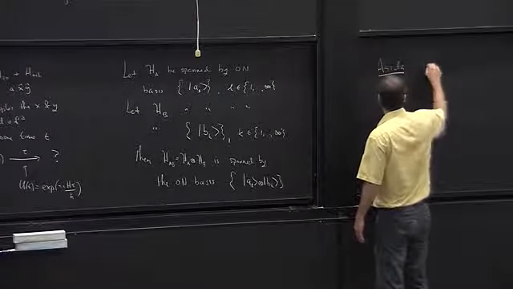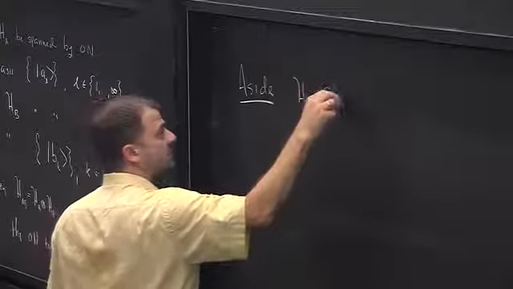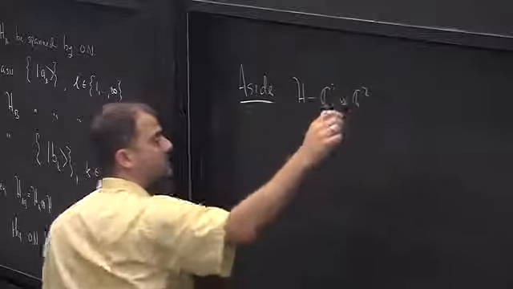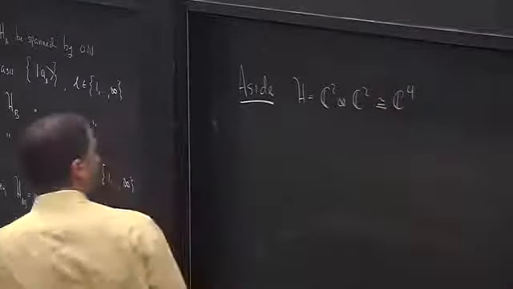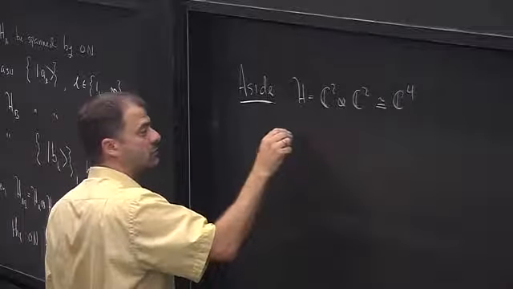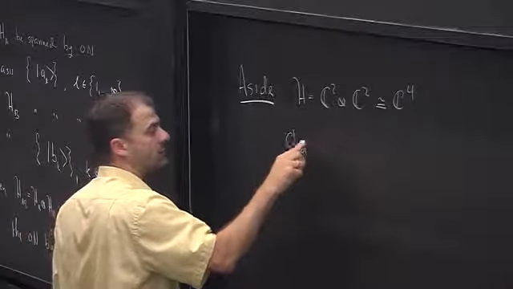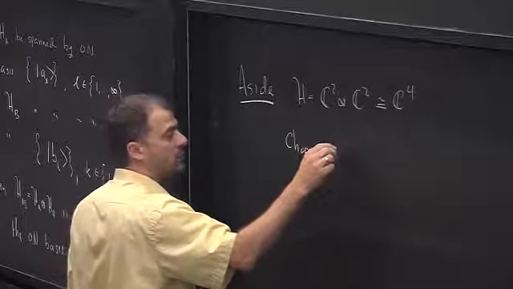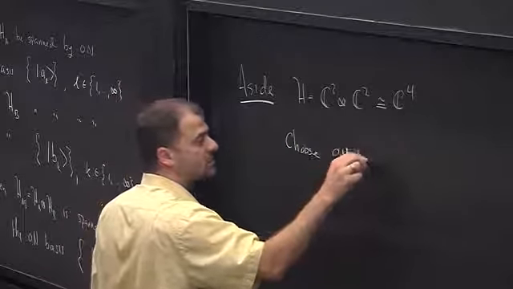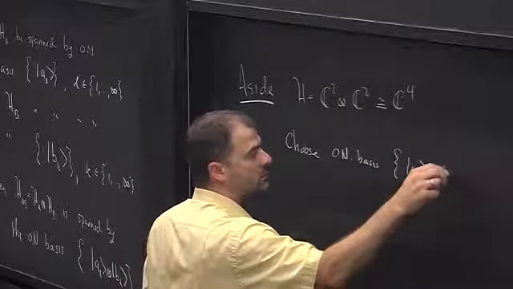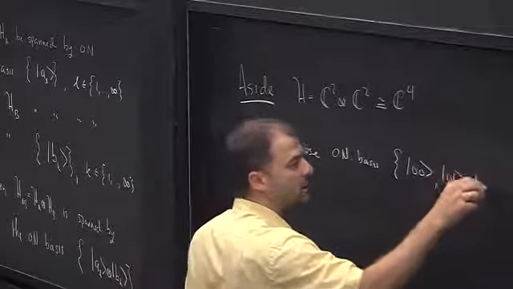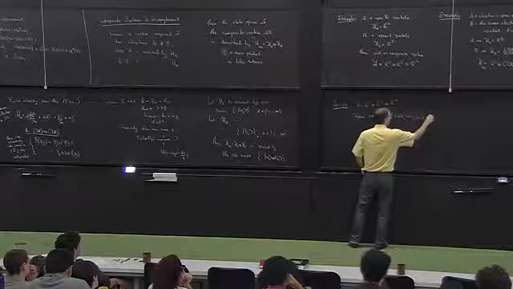If I have H equals C2 cross C2, this is, of course, equivalent to C4. And I can choose as an orthonormal basis 0 0, 0 1, 1 0, 1 1.